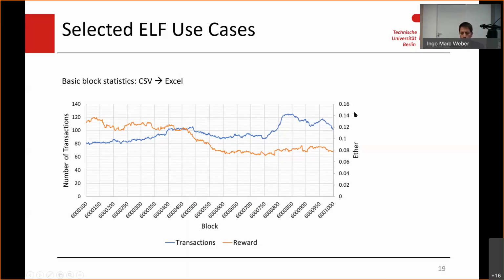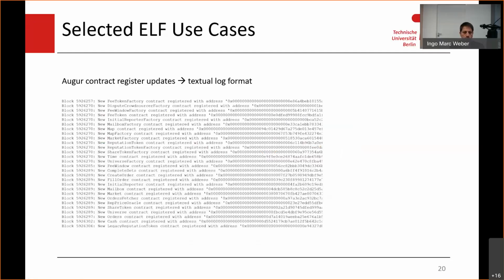Then I already mentioned Augur as a prediction marketplace. So we can just, for example, take the Augur contract register updates and output them in a textual log format. And this looks like an ordinary log file, which is exactly the point. Here we wanted to output log files like any other application log files, Apache HTTP server, MySQL, what have you, so that all the tooling you have for processing log files could be applied here.